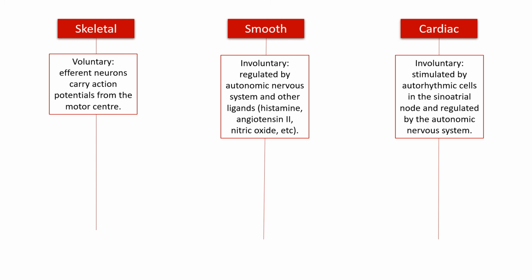The sinoatrial node leads. It has autorhythmic cells that we'll talk about in cardiovascular that will spontaneously depolarize and cause cardiac muscle to contract and relax. Of course, not something we want to have to think about. We'd be a little bit busy if we had to keep thinking about our heart beating. So it's involuntary.